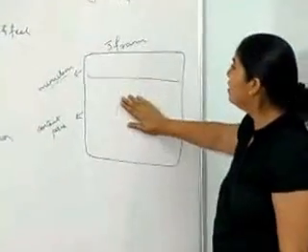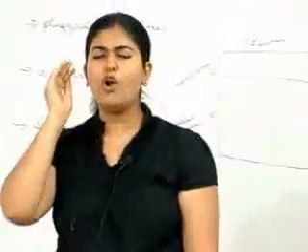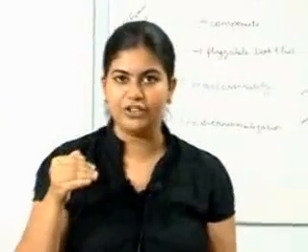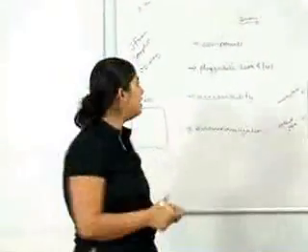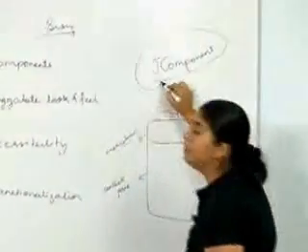Now here whenever you are talking about your Swing, all the classes or all the components which are there in your Swing are being inherited by one class called JComponent.